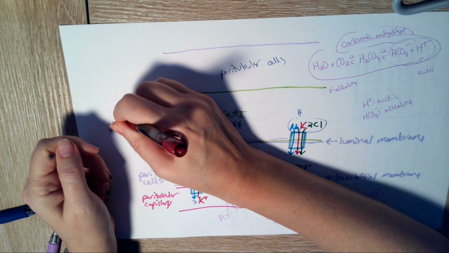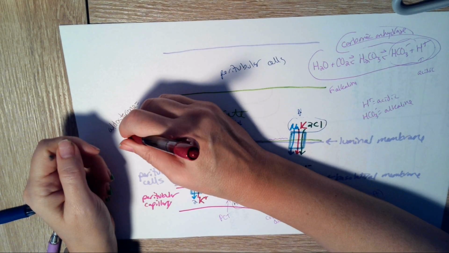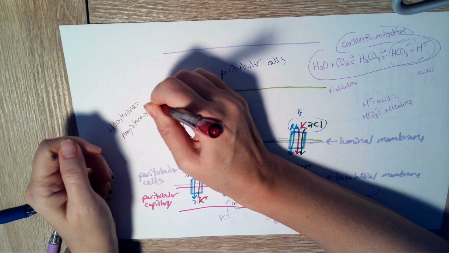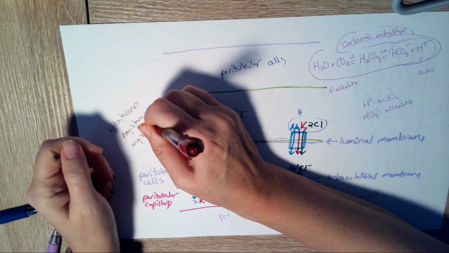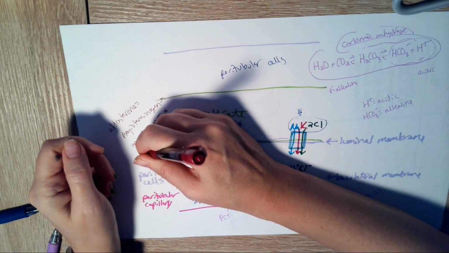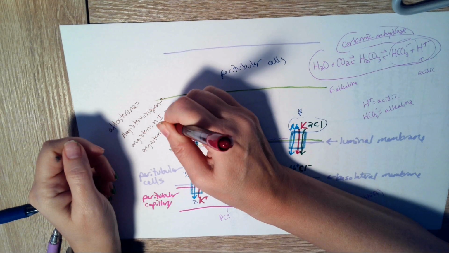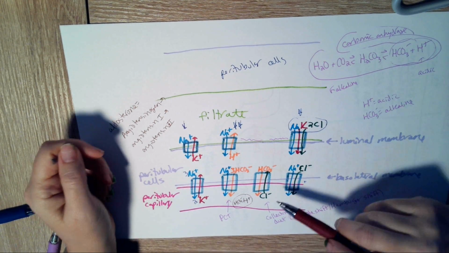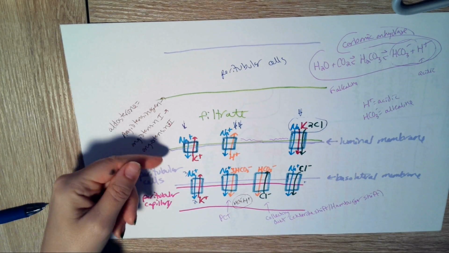That aldosterone comes from the angiotensinogen to angiotensin 1 to angiotensin 2, and that stimulates aldosterone. ADH is coming from your hypothalamus and being released from the posterior pituitary.